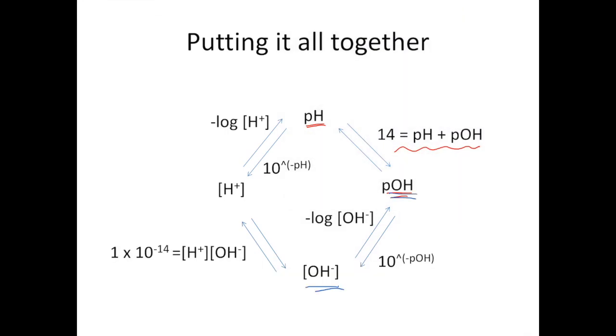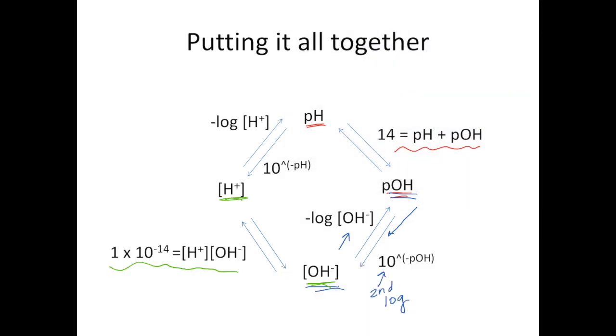If you're given pOH and you need OH minus, so if you're given this and we need to go down, you're going to use this, remember, is second log on your calculator, and you put negative whatever they give you for pOH. If you're going the opposite way, it's negative log of your OH concentration.